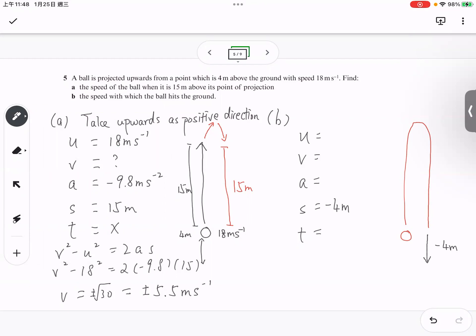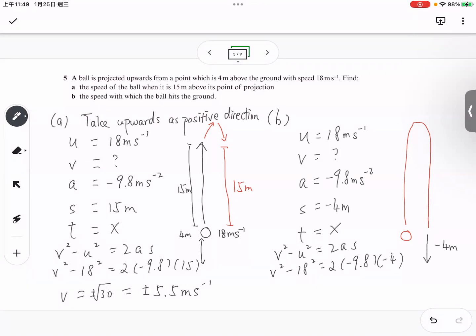Secondly, once again, the gravity is negative 9.8 meters per square second. Thirdly, u is once again 18 meters per second, and I'm going to find v again. So I do not have t, and once again v squared minus u squared is equal to 2as is used. So we will have v squared minus 18 squared is equal to 2 times negative 9.8 times negative 4.